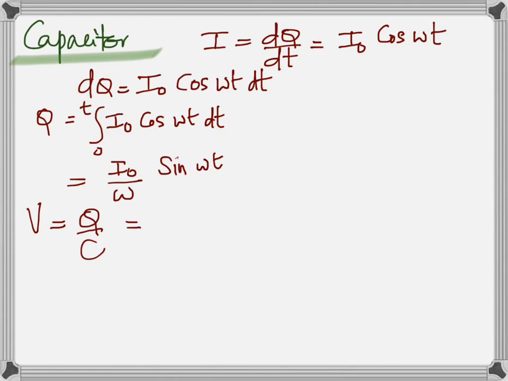We are integrating. So then finally, voltage is Q by C, I naught by omega sine omega t. Now, when you are integrating, there's no negative also. It's integration, so there's no negative, and the omega comes down.